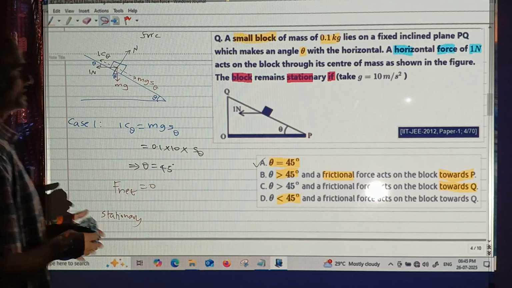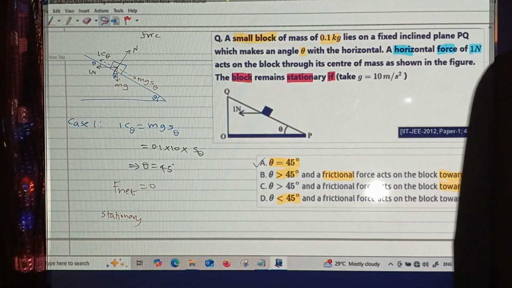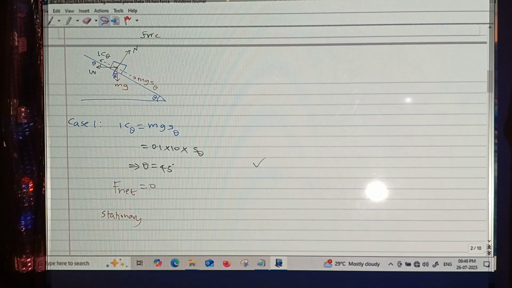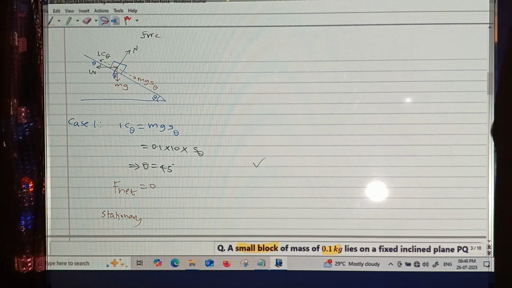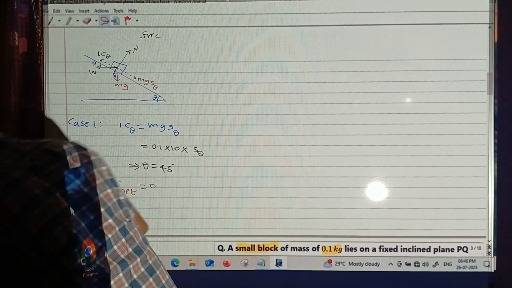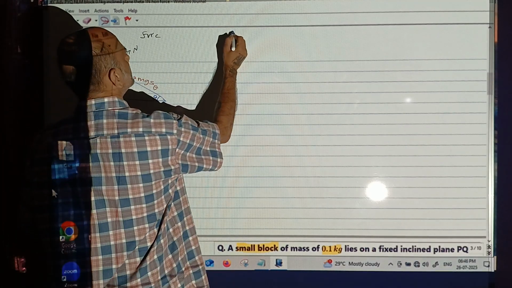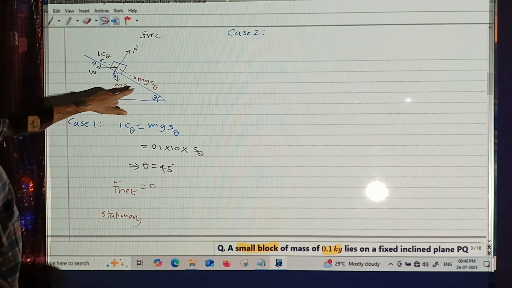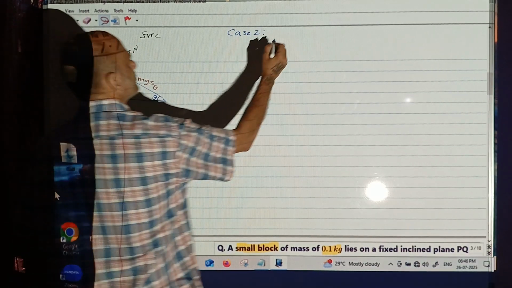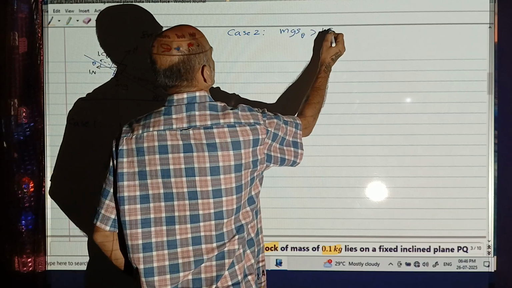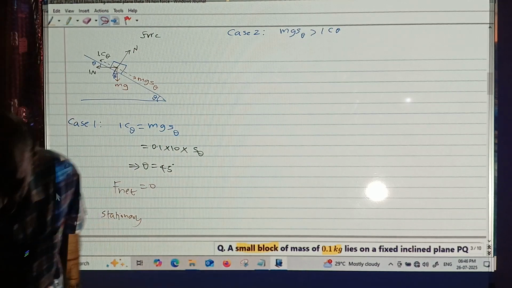Let me take the second case, where the downward force mg sin theta is dominating 1 cos theta.